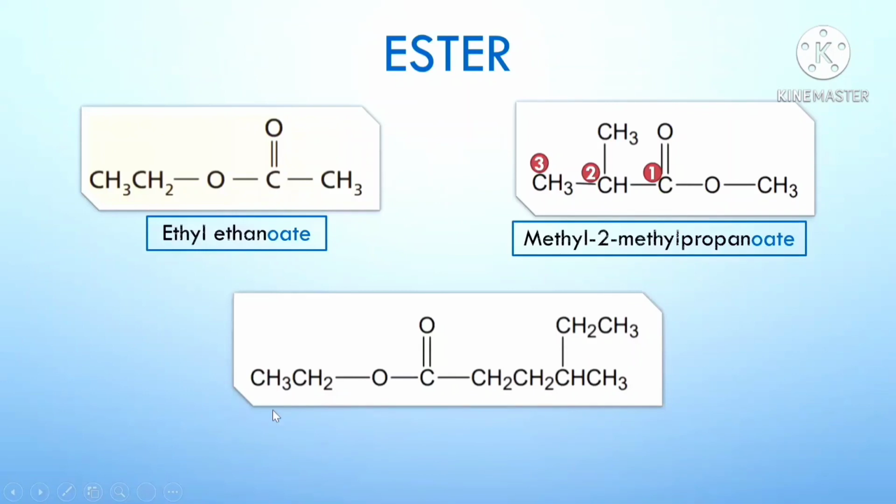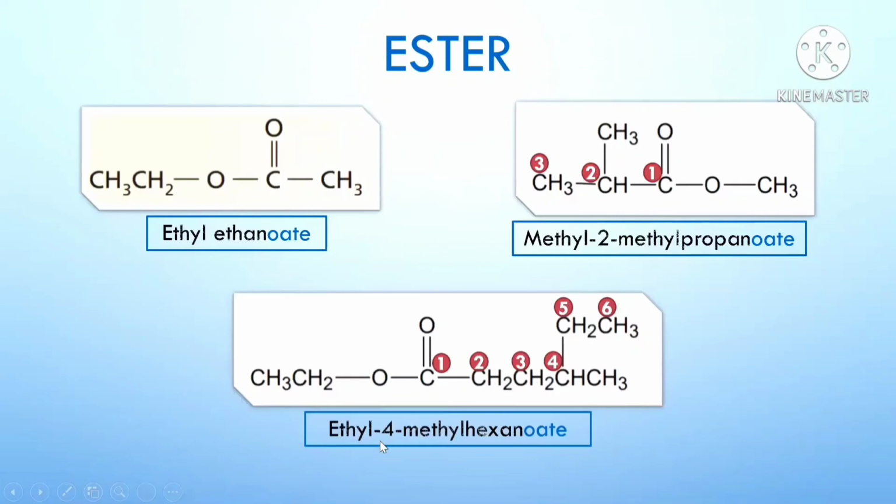Here we have an ethyl group attached to oxygen, and let us number the parent chain. 1, 2, 3, 4, 5, 6. There's a methyl group attached to carbon number 4. So it's a 4-methyl hexanoate. Ethyl 4-methyl hexanoate. This is ethyl, and this is the 4-methyl hexanoate.